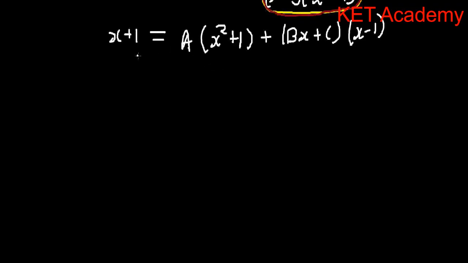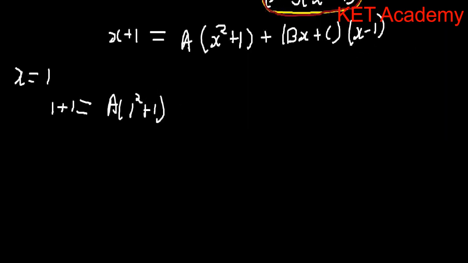Now looking at this, we can look for the value of a, b, and c by simply letting x be equal to certain values that will enable us to calculate them. The first thing we're going to let is x equal to 1. Therefore we have 1 plus 1 equal to a into 1 squared plus 1.